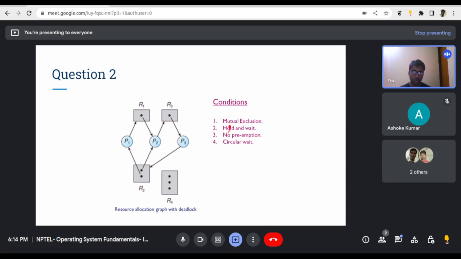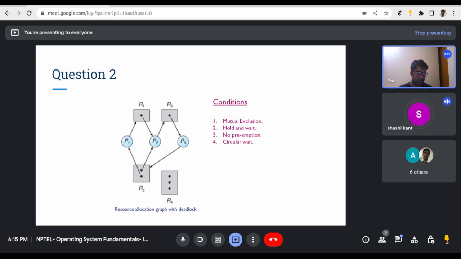Hold and wait says that, suppose the process P2 is holding at least one resource, it can wait for more resources. That is true for all the three processes. No preemption says that once it reaches the state where it can go to a deadlock, none of the processes can be preempted, that is, none of the processes can be sent from the running state to the waiting state or the ready state.